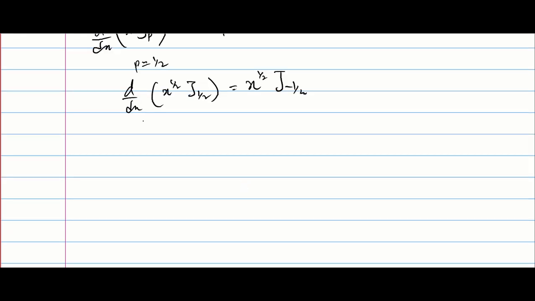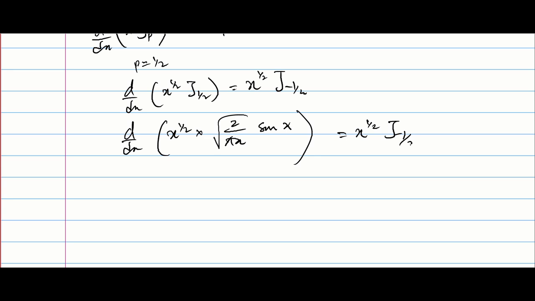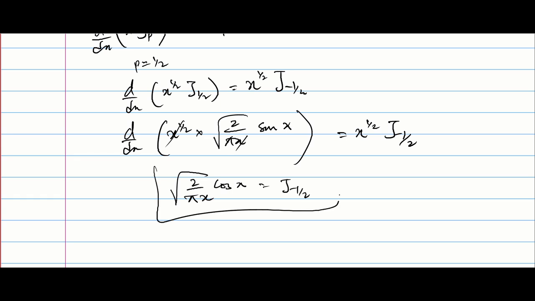So if we take the derivative of d/dx x^{1/2} into root 2 by pi x sine x, it is x^{1/2} into J_{-1/2}. So this will get cancelled, sine x will become cos x, and this half will come here, so this will become J_{-1/2}.